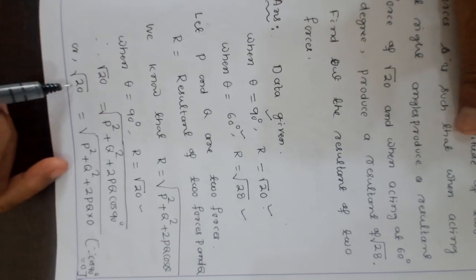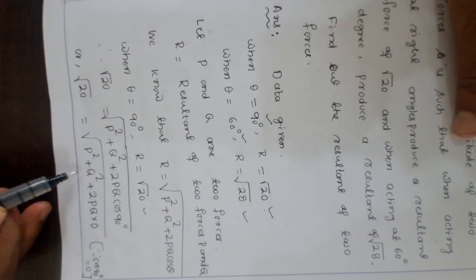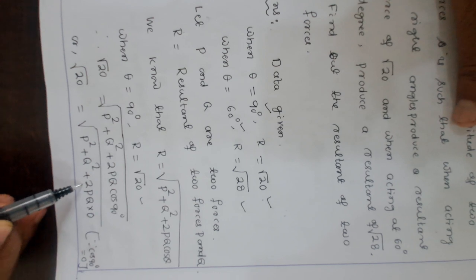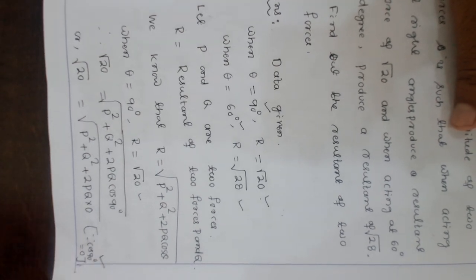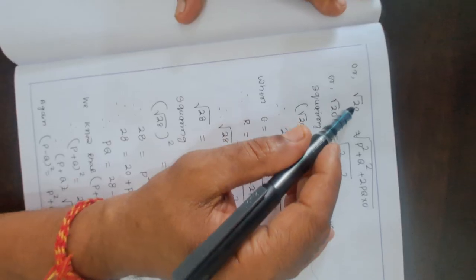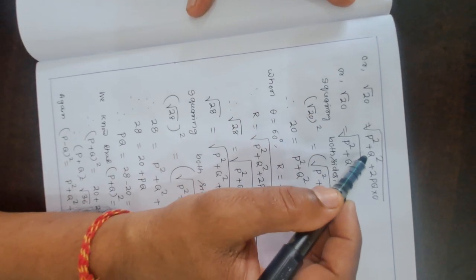Or root over 20 is equal to root over P square plus Q square plus 2PQ into 0, because cos 90 is equal to 0.